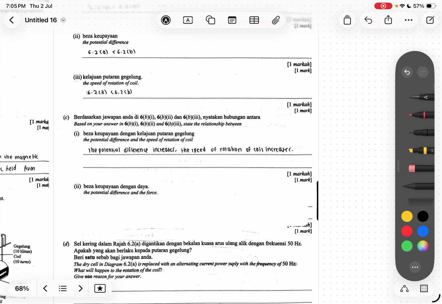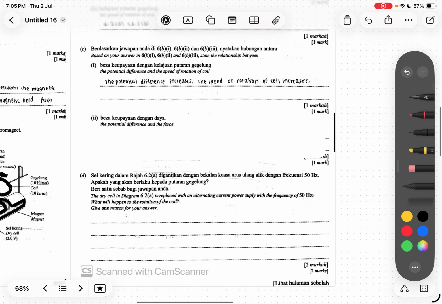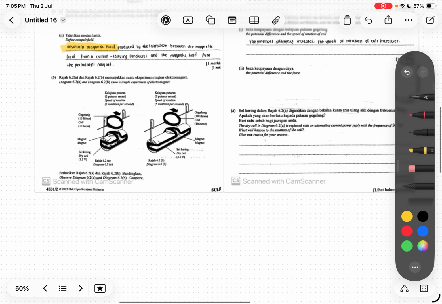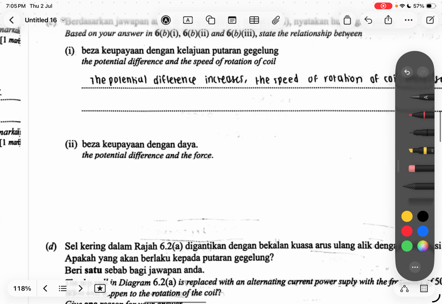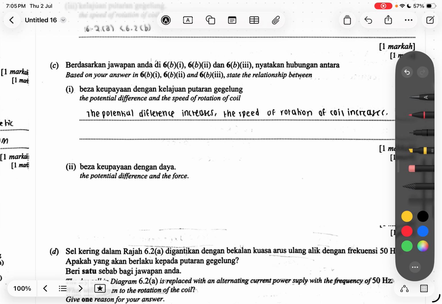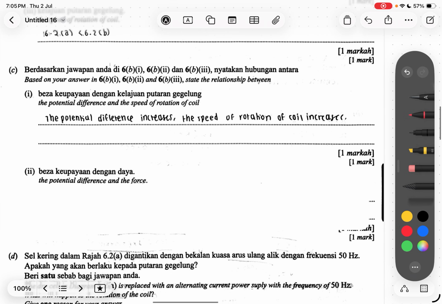What I want to focus on is this question, the potential difference and the force. In this question they don't give the force, but they want us to compare potential difference and the force. What we need to know is that when the potential difference increases, the speed of rotation of the coil increases.